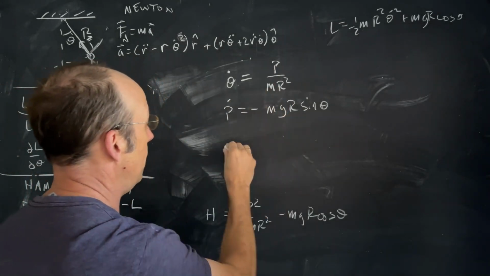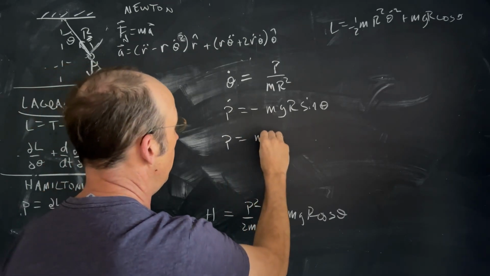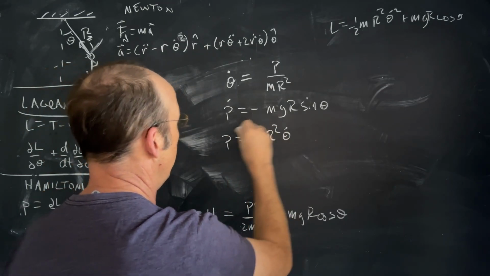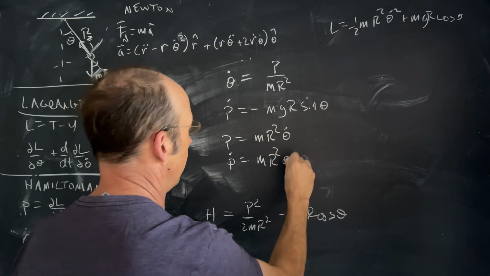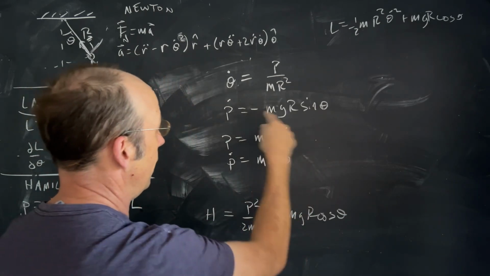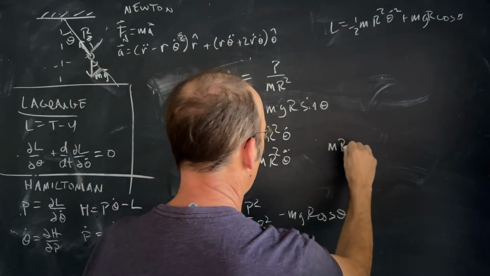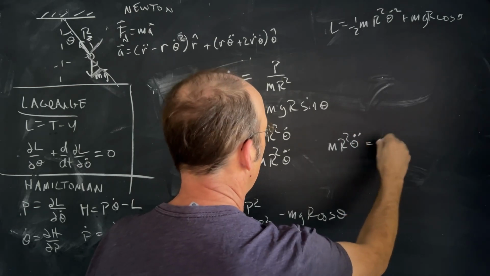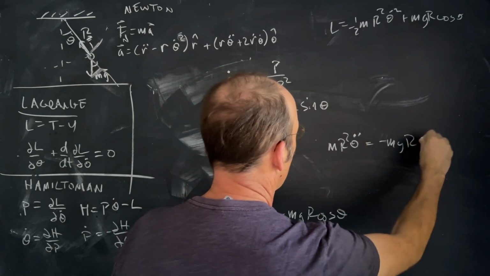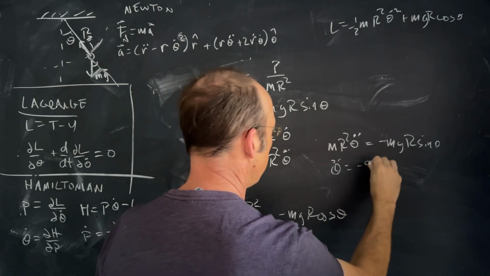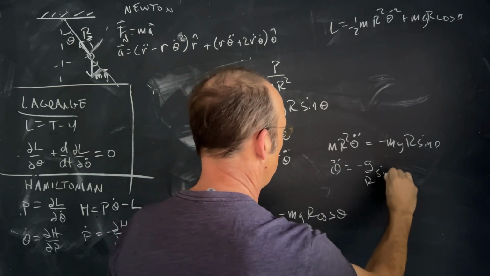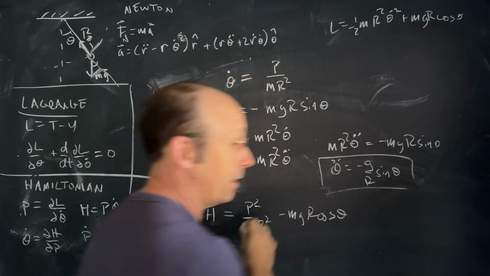So let's solve this for p. P is going to be m r squared theta dot. So p dot, I can take the derivative, it's just going to be m r squared theta double dot. And if I put that in right here, I get m r squared theta double dot equals negative m g r sine theta. And then you solve for theta double dot, you get negative g over r sine theta. So again, back to that same equation.